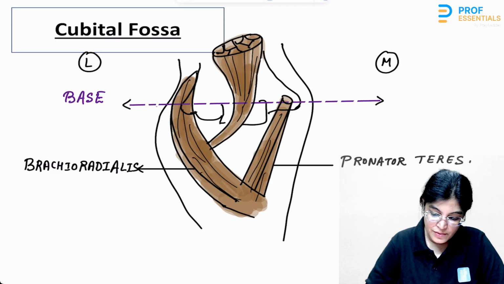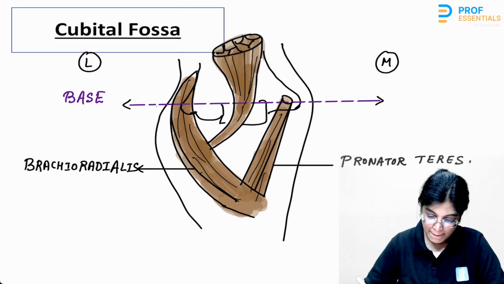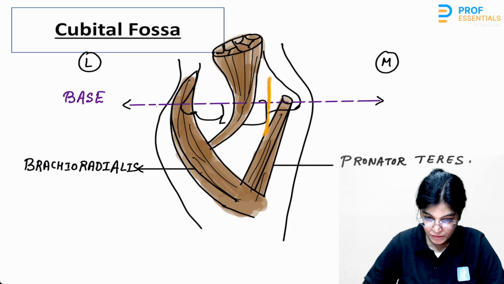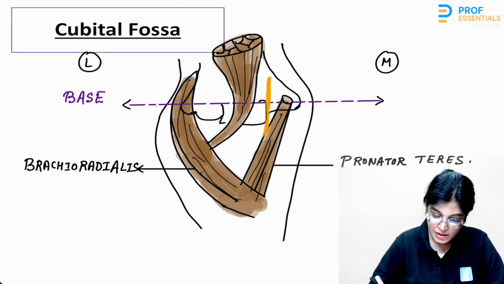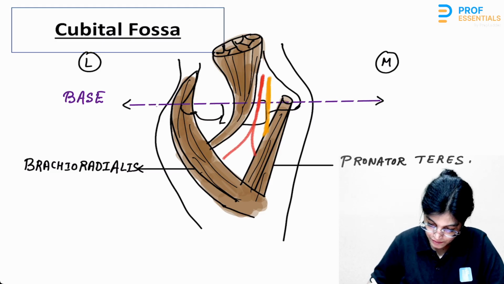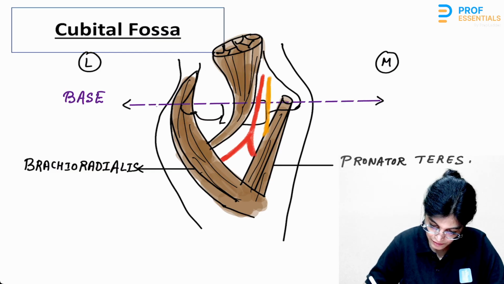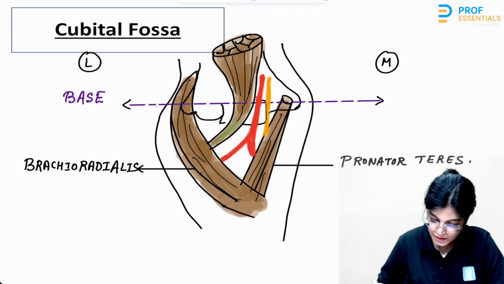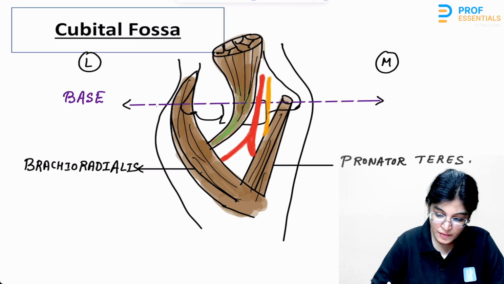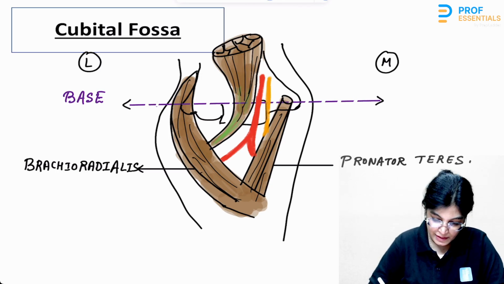So for the contents, I will use yellow color for the nerves. This is the nerve. Then we will have red colors for the arteries. Got it. Here we already have the biceps tendon. This is the biceps tendon. And more laterally, we will have the radial nerve.